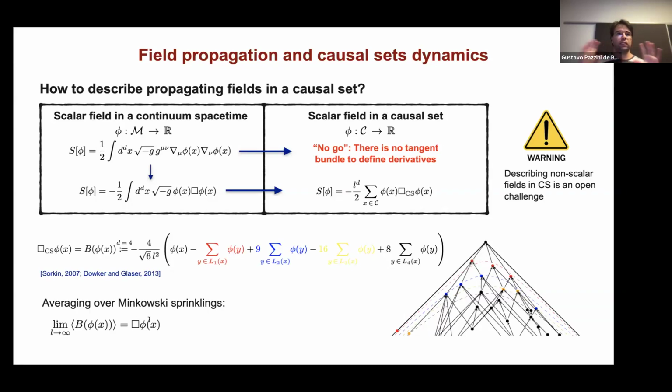So there is no intuitive way of seeing that, at least that I know. This comes from the result of this calculation. And I also have to mention that this is for sprinkling over 4-dimensional Minkowski space. If you do this for other dimensions, you have different coefficients here.